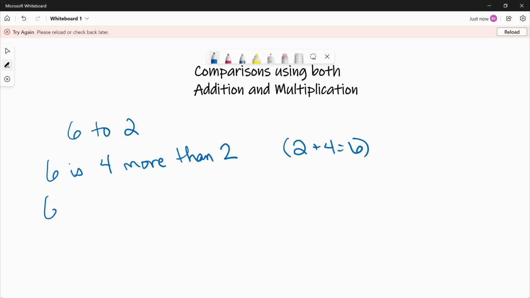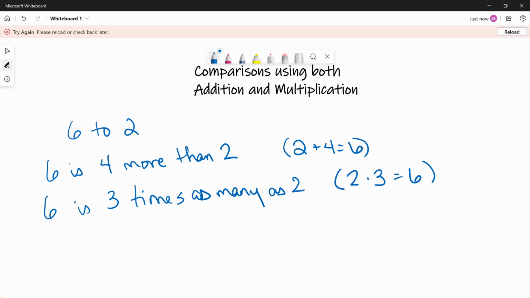We might also say that 6 is 3 times as many as 2. And we might say that because 2 times 3 equals 6. So the times as many as.